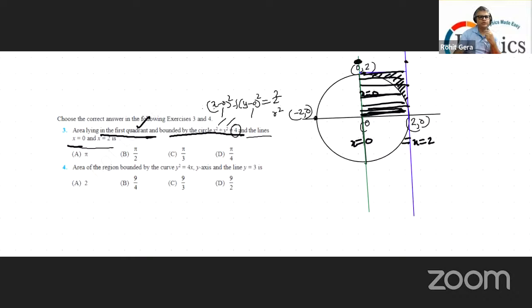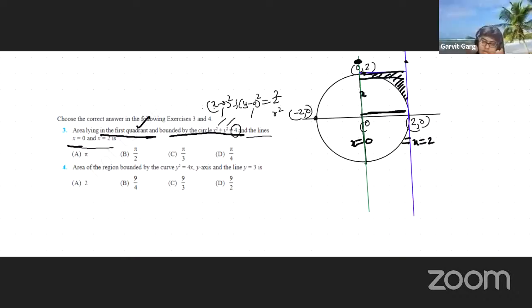It should also be bounded by the circle. So to me, this area appears to be the most suitable, the striped lines. I don't know why we can't rub this here. It's not rubbing, one minute. Things get stuck in Zoom.